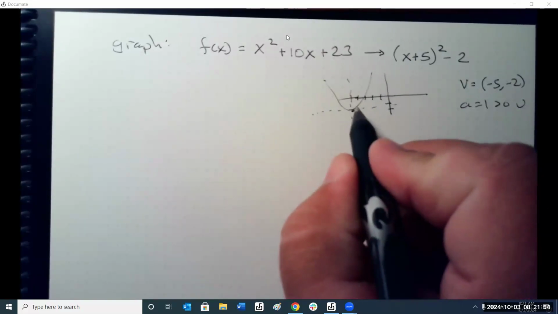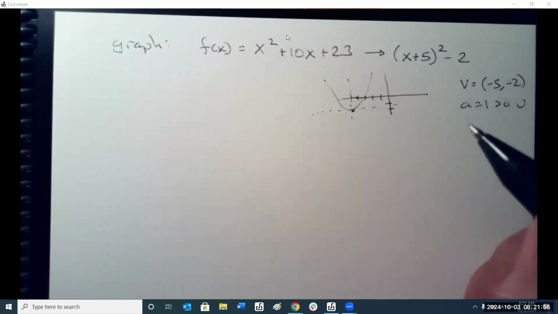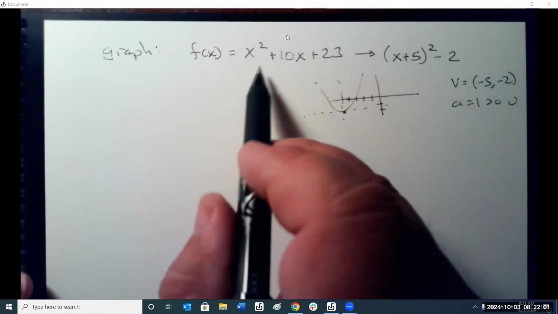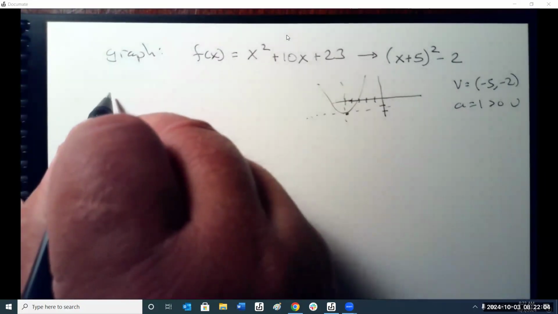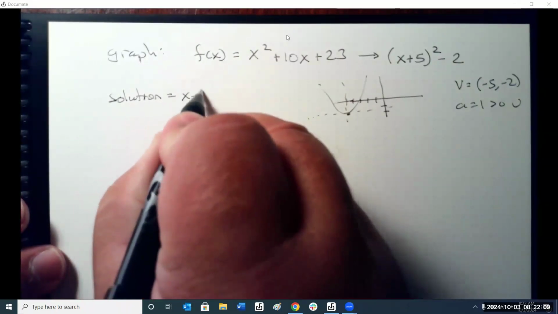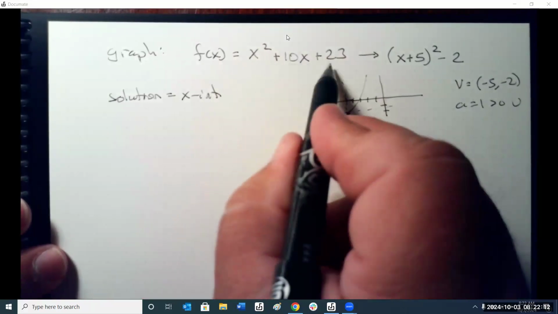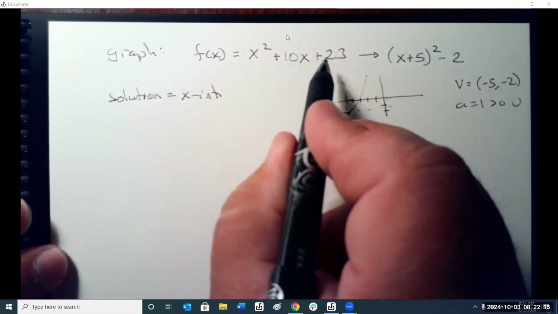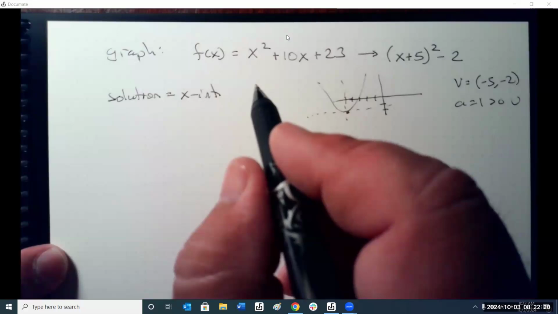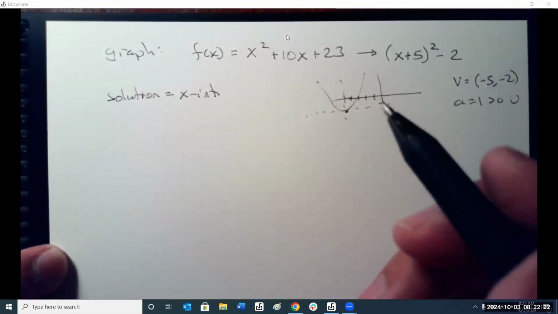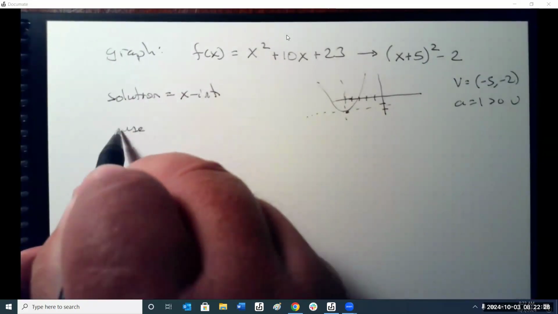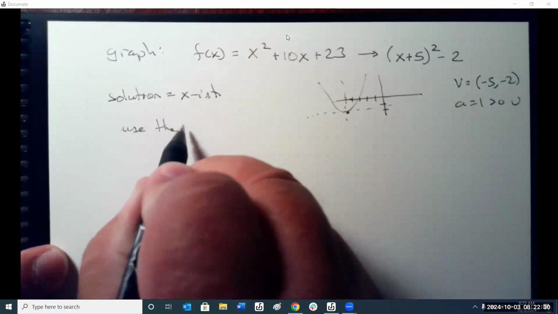Now, to help us graph this thing, we have to know the x-intercepts. Remember, the solution equals the x-intercept. We can use the quadratic formula for this one, or we use complete the square, or we can also use the vertex form.